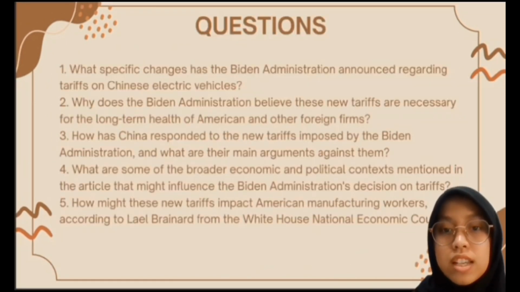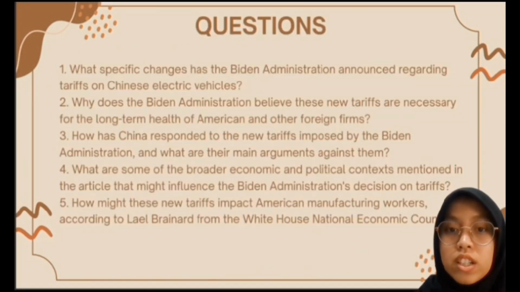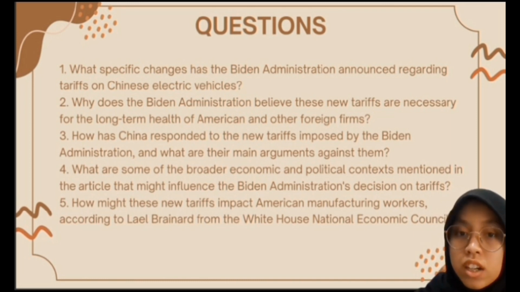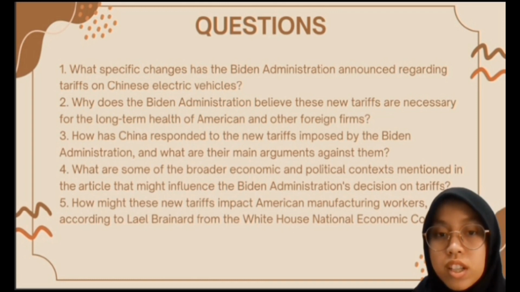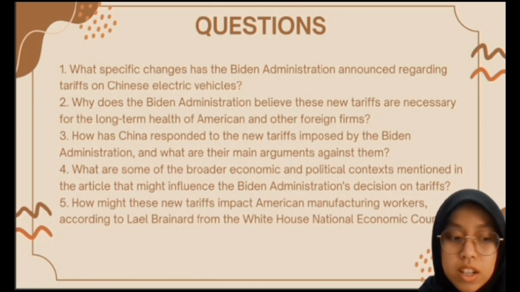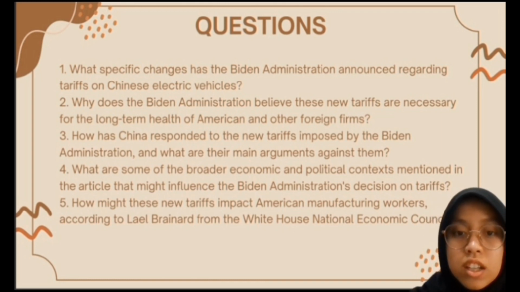Number 2. Why does the Biden administration believe that new tariffs are necessary for the long-term health of American and other foreign firms? For this answer, we use the same technique, skimming.